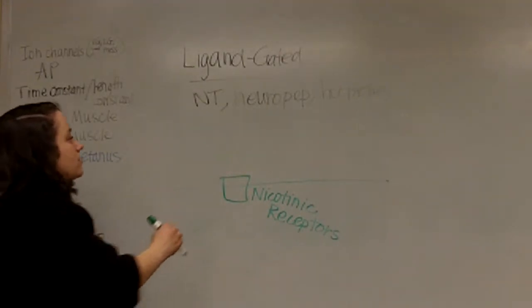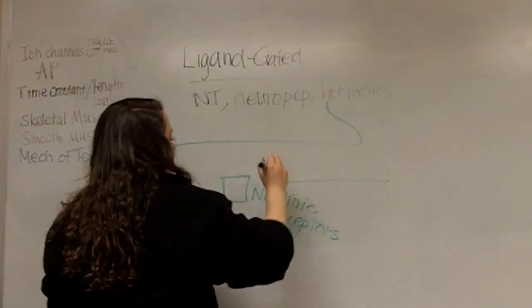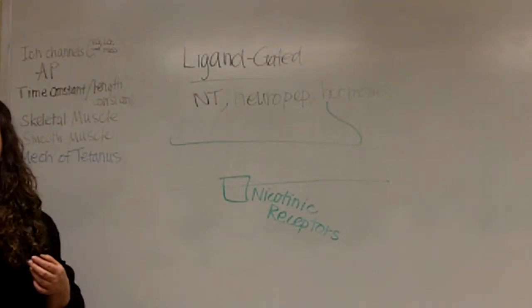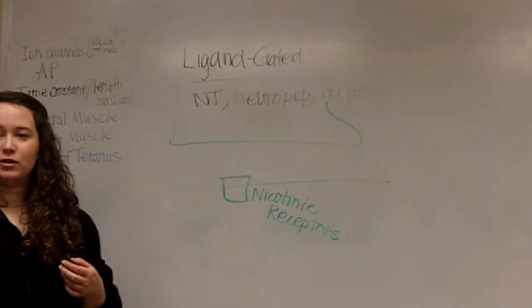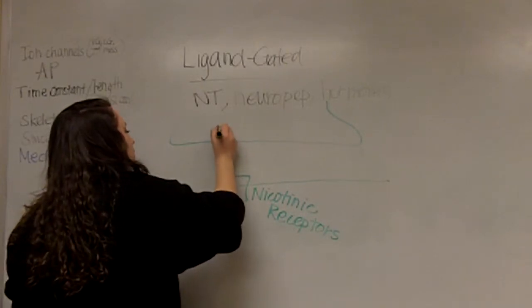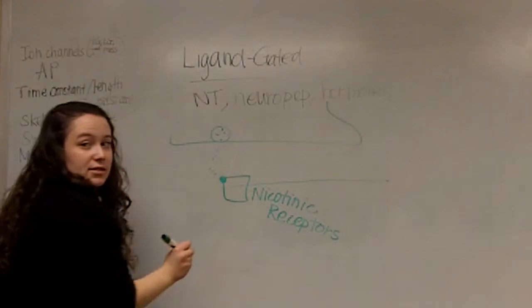Okay. So when you have this neuron and it's going to synapse on the motor end plate, it releases acetylcholine. Acetylcholine is your ligand. So it's going to come from right here and it's going to travel here and it's going to bind to this.